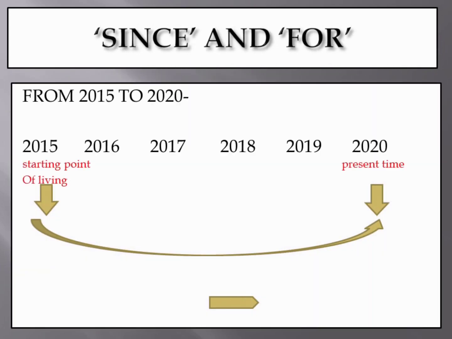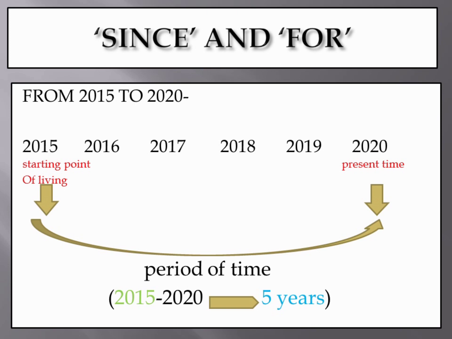Let's break it down to make it clear. Here 2015 is the starting point of living in Mumbai. Now 2020 is my present time of living there. So the gap or period of time between 2015 and 2020, that is 5 years, means it is the total amount of time which I have spent living in Mumbai till now.